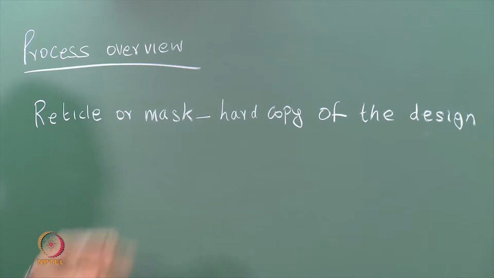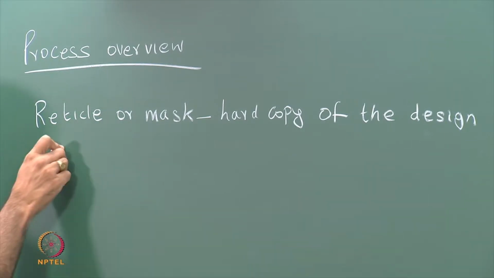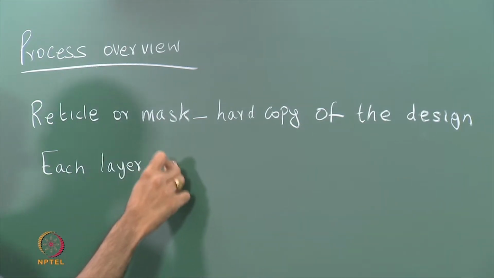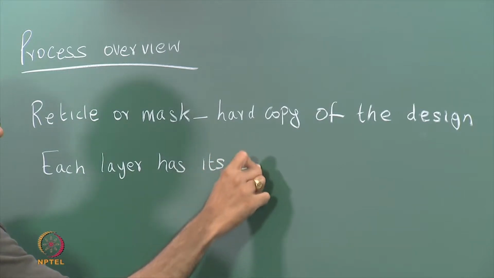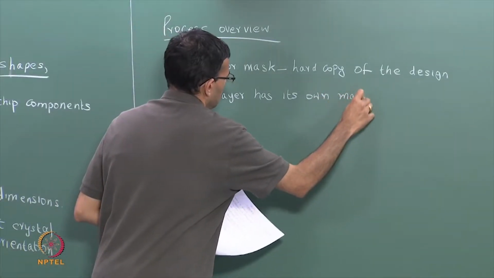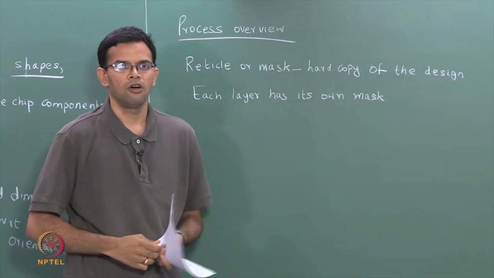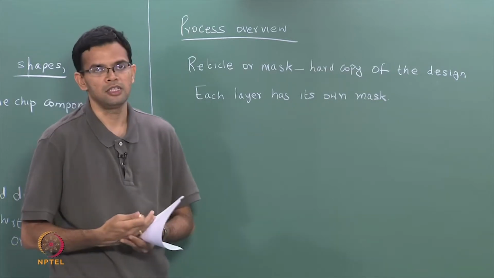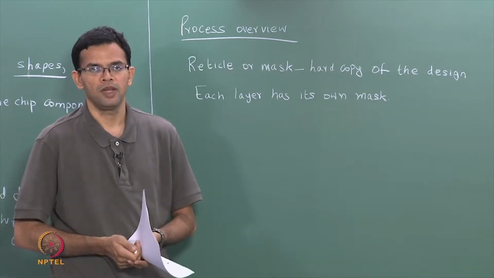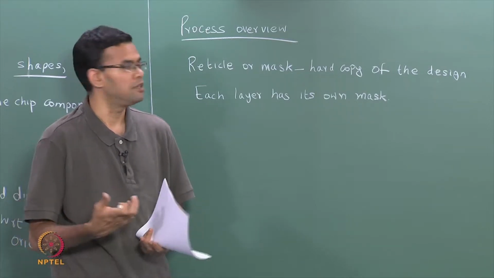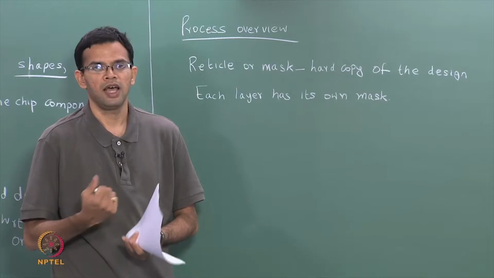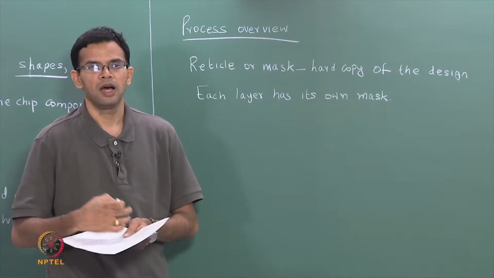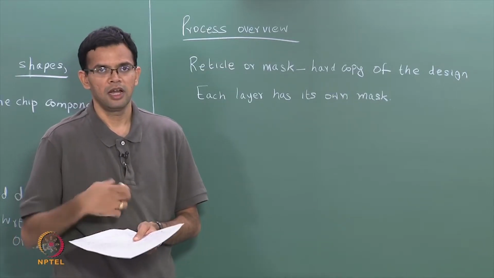Usually if you have multiple layers, each layer has its own reticle. In the IC fabrication process, there may be as many as 40 reticles or masks, depending upon the complexity of the circuit, that all need to be transferred onto the wafer. This is where alignment becomes so critical, because all these masks have to be aligned to each other and also with the wafer.